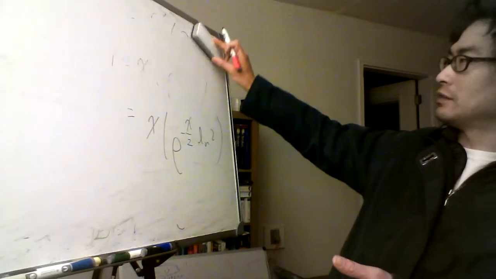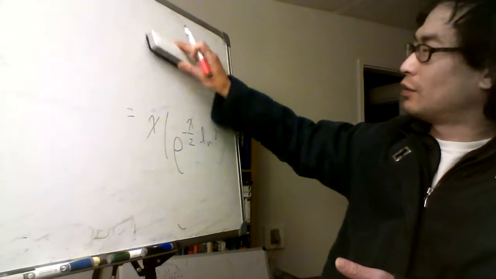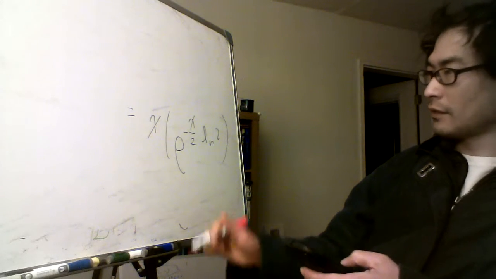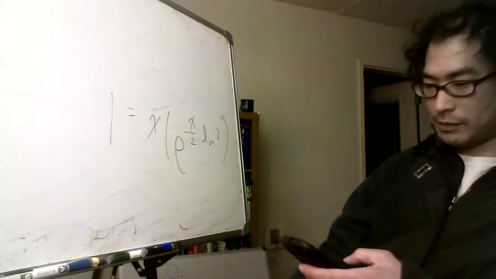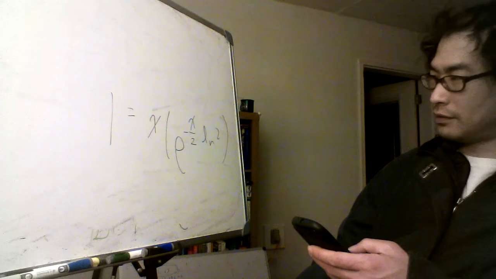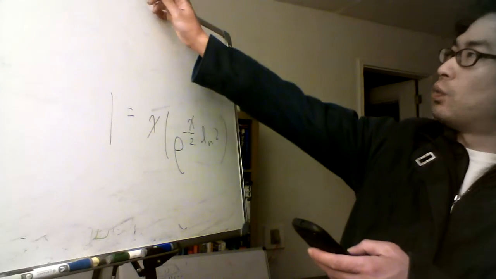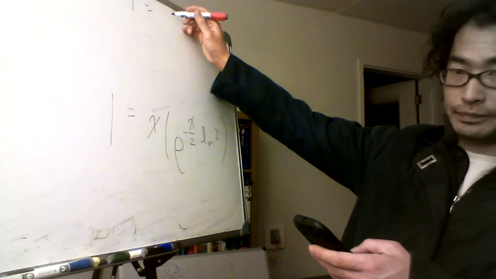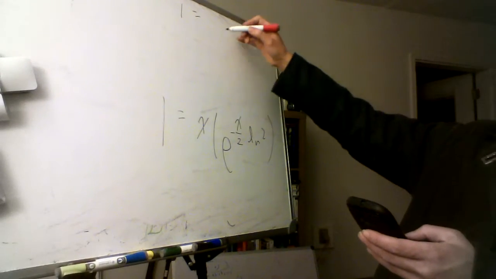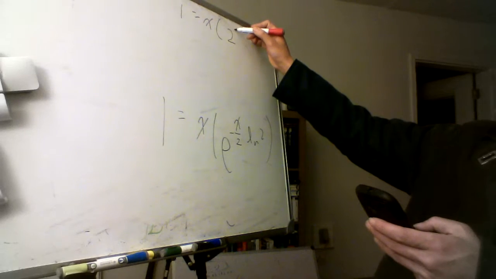So 1 is equal to x times e to the ln of 2 to the minus x over 2.